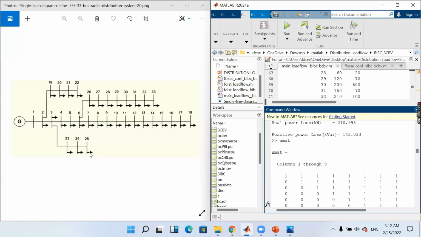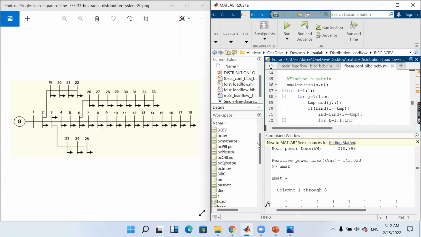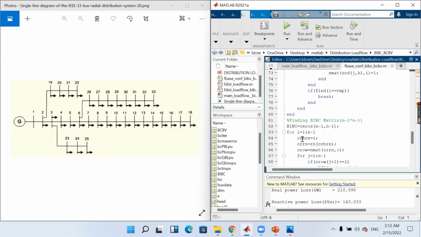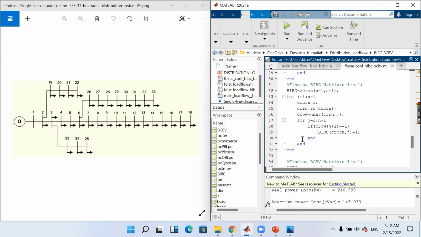Now, after understanding the N matrix, we can proceed further. That is, now we are going to understand how we can calculate the BIBC matrix and BCBV matrix.